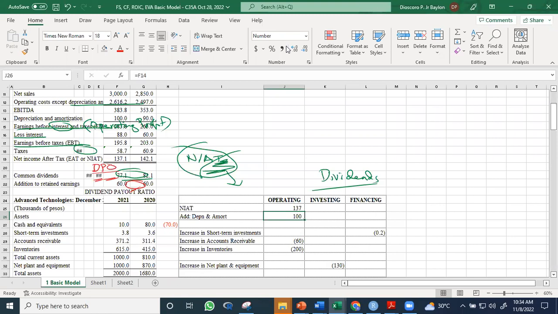What do you find in the income statement that has not yet been reflected in what we captured, the net income after tax and depreciation and amortization? It's there, guys. You can see it. That activity involves cash, and we have not yet included that in the template.